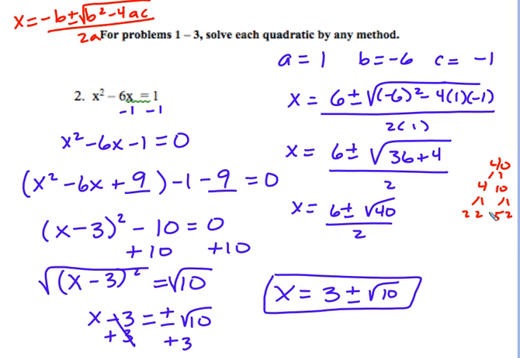And you had a pair of 2's. And then you had a 5 times 2 left over. So they replaced this with 2 square root of 10. So that gives you x equals 6 plus or minus 2 square root of 10 over 2. And then, of course, 2 goes into 6 3 times, and 2 goes into 2 1 time. So that's how they got that answer.